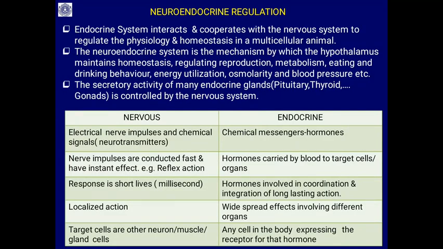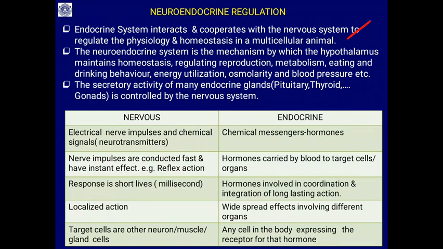There are two types of regulatory system operating in the body. One is the nervous system, and the other, which you have studied already, is the endocrine system. Together they are called neuroendocrine regulation. The endocrine system interacts and cooperates with the nervous system to regulate physiology and homeostasis in the multicellular animal.